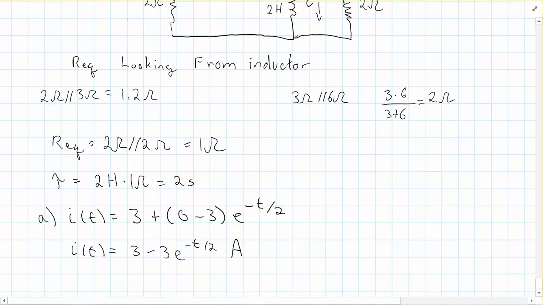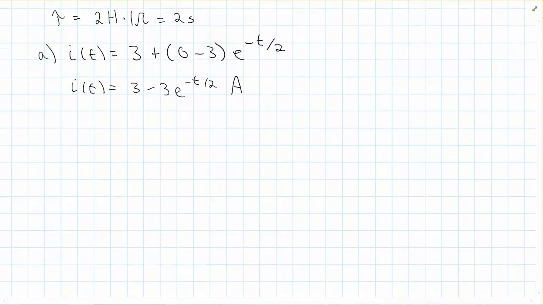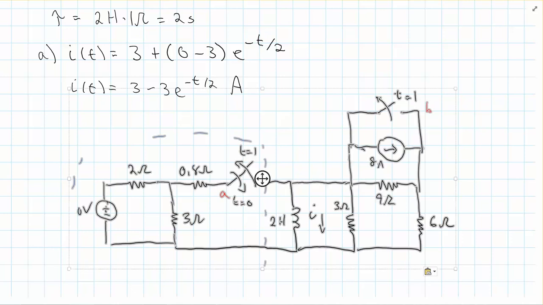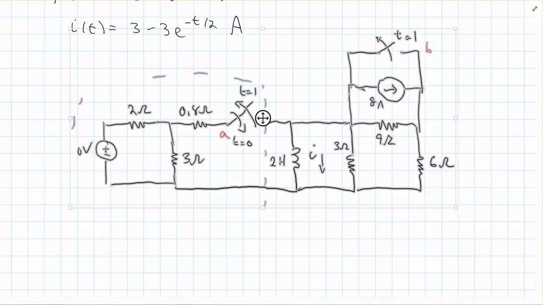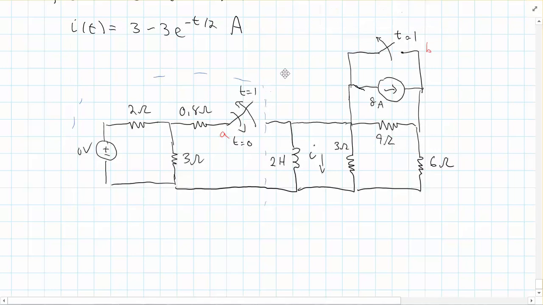Alright, so a lot of work just for the first part here. We now need to do part B, which is finding the current for t greater than 1 second. So I'm going to paste the circuit down again and redraw some of the things here.